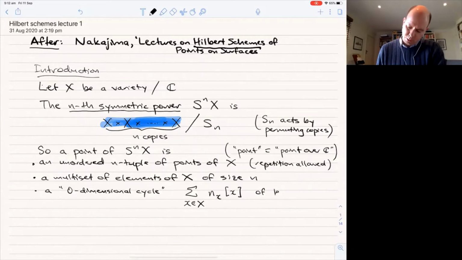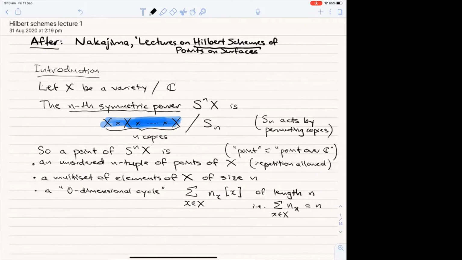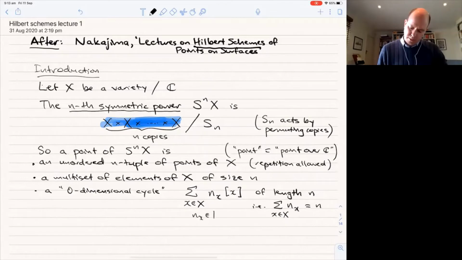For a cycle written like that, the word that's used is length rather than size. So saying that this is of length n is saying that the sum of these non-negative integer coefficients is n. These n_x are in the natural numbers. So it's some formal sum of points of the variety X.